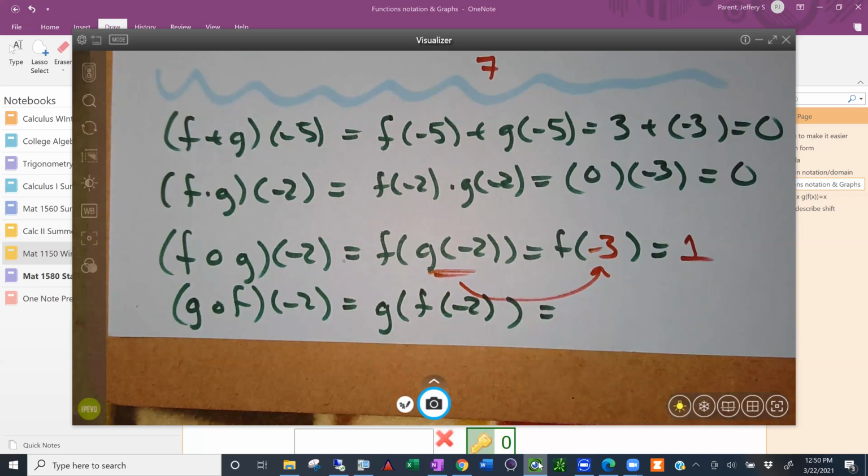We've already done f of -2 up here. F of -2 was 0. So I'm going to kind of cheat a little bit and say, oh, well, that's just g of 0. See if you can find g of 0 for me.